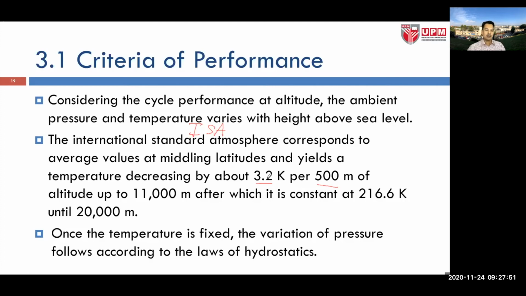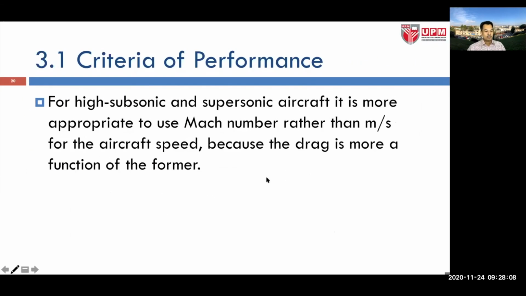Once the temperature is fixed, the variation of pressure follows according to the laws of hydrostatics. I believe in the propulsion subject you have a few examples for calculating the performance of the gas turbine engine. You have a different altitude, you get a different efficiency for the engine. For high subsonic and supersonic aircraft, at a higher Mach number, it is more appropriate to use Mach number rather than meters per second for the aircraft speed, because the drag is more a function of the former.